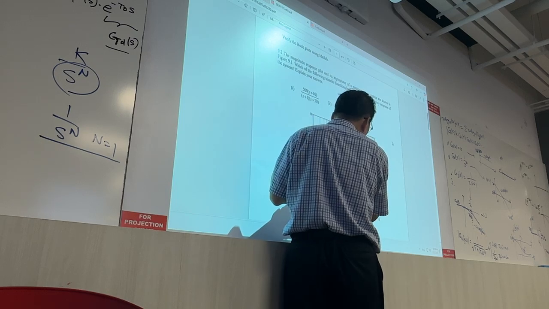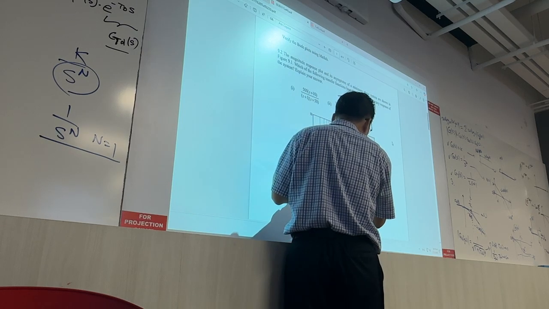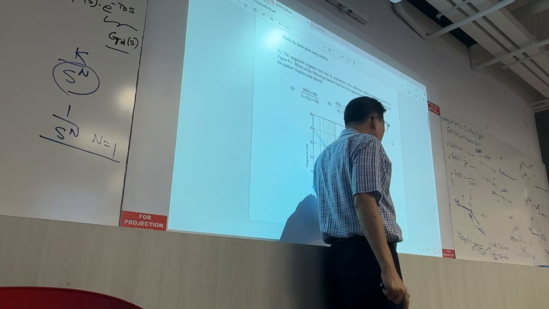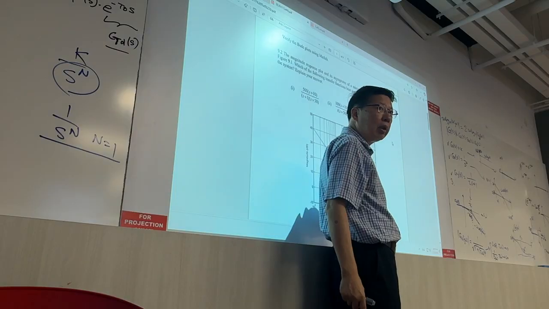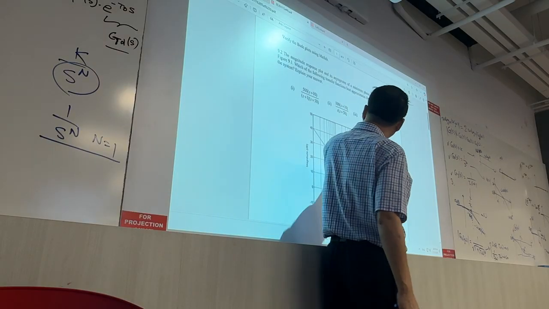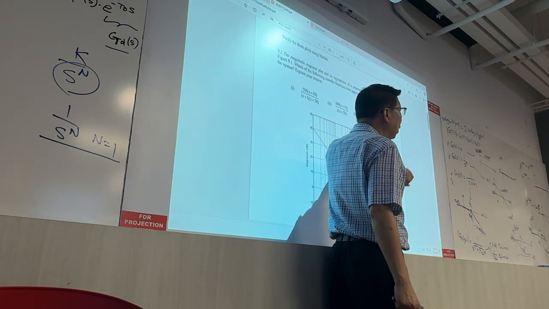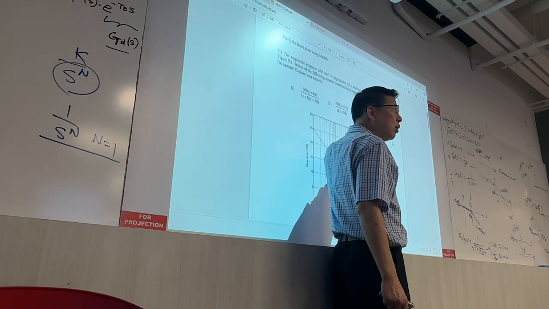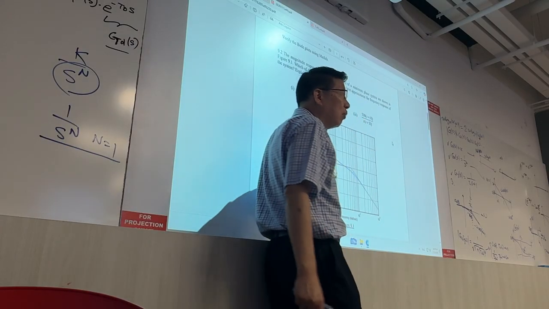If you continue to extend, this is minus 20 dB per decade, and from here to here, it reduces by another 20. So that means K is 100. Which one gives you 100? This one, right? So you know this is the correct transfer function.